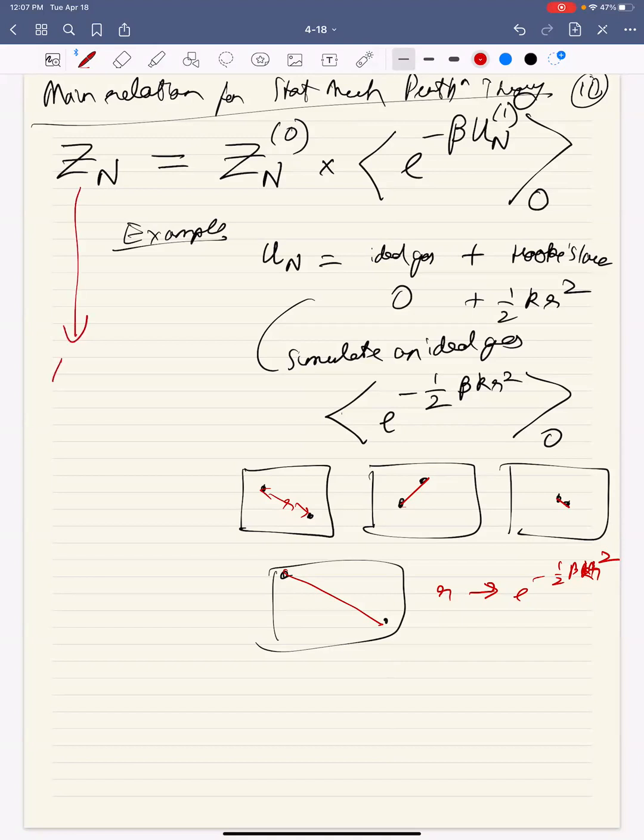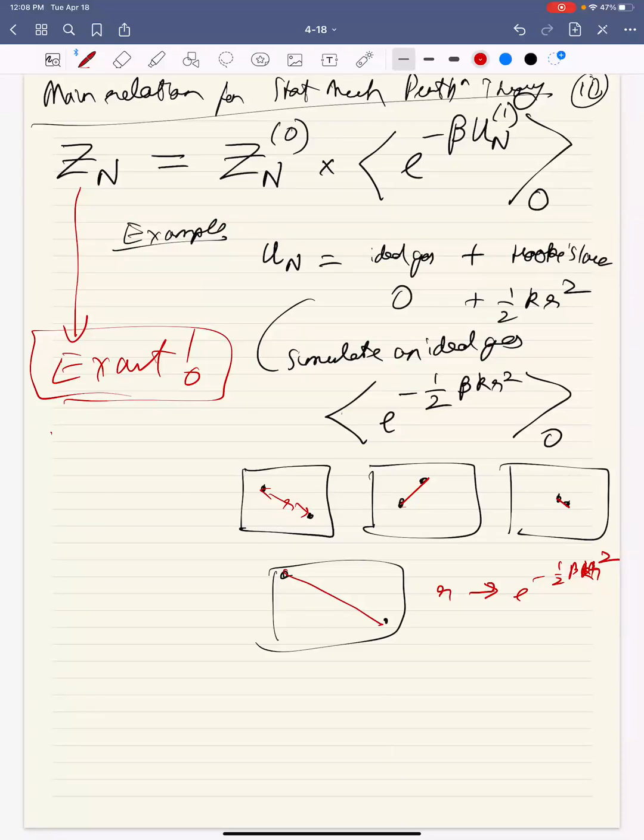Important point. This equation is exact. This equation does not say the perturbation has to be small. So why do I want the perturbation to be small? What will go wrong if the perturbation is not small? Why exactly? Where will the convergence issue come from?